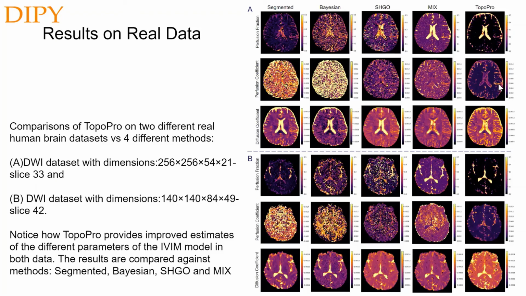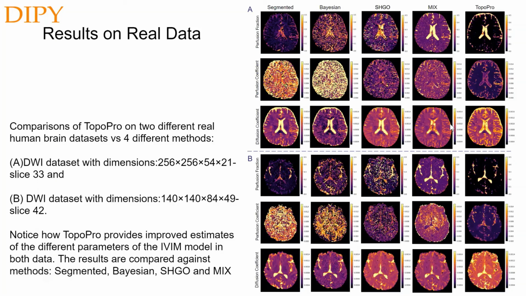I will show the error plots on the next slide. In both of these data sets, it looks really nice. The first data set has 21 gradient directions, and the second one has 49 gradient directions. And these are the slice numbers that I'm showing over here.